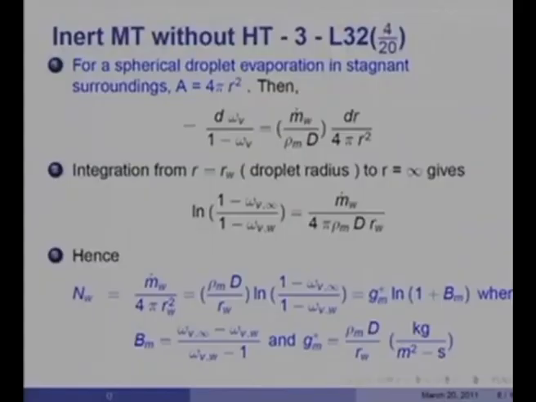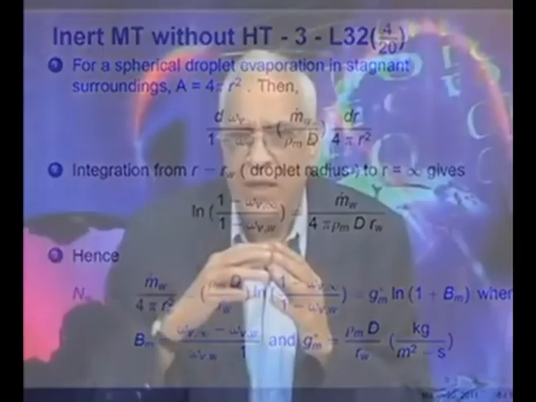In the spherical system, supposing I have a droplet, then the surface area A would go on changing with the radius, and A would be equal to 4 pi r square as we go along. So, A would be a function of y, if you like.